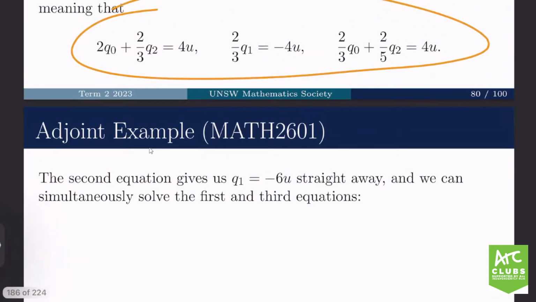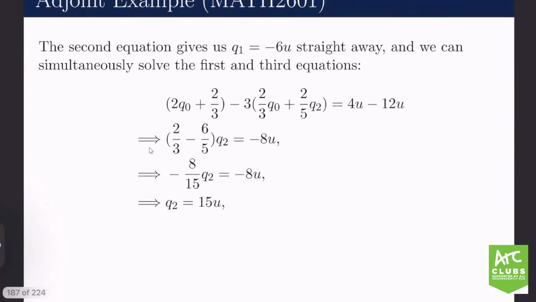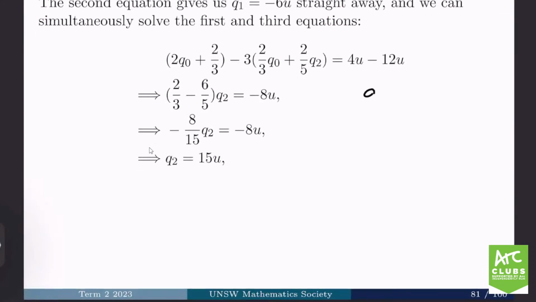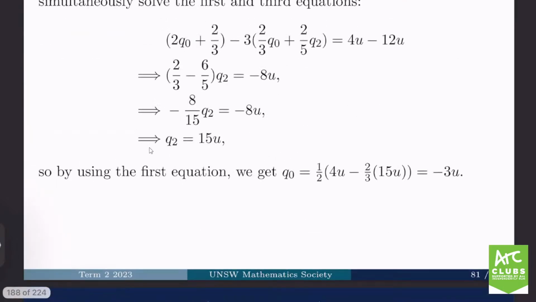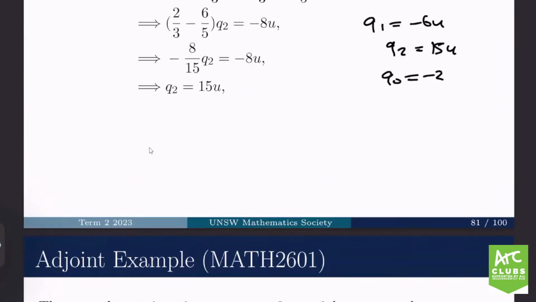So if we just do this, we'll find that Q1 equals negative 6U, Q2 equals 15U, and also that Q0 equals negative 3U. Okay? So what that's telling you is that T star of U will equal negative 3U, negative 6UT plus 15UT squared, okay?